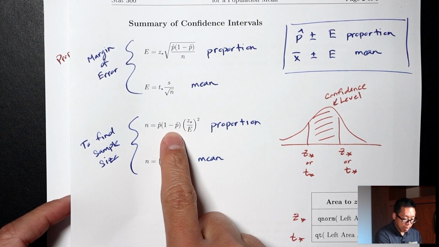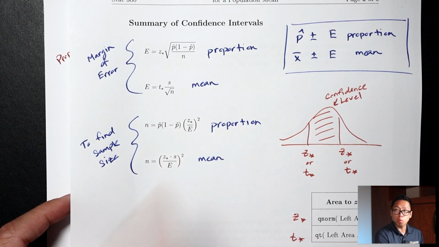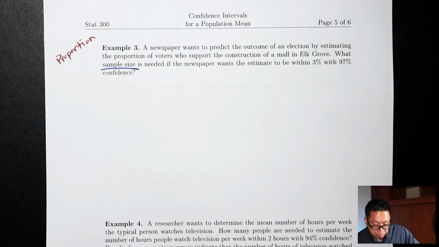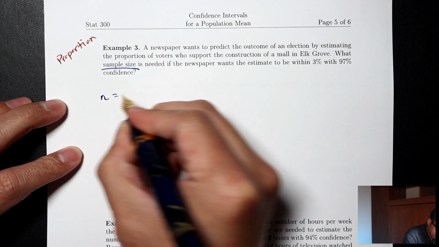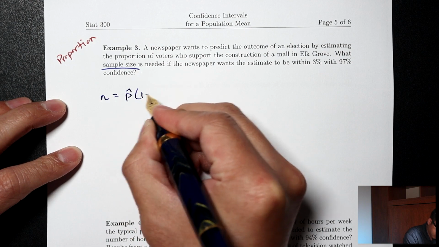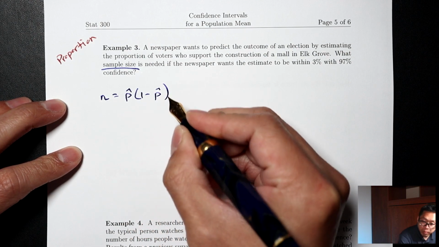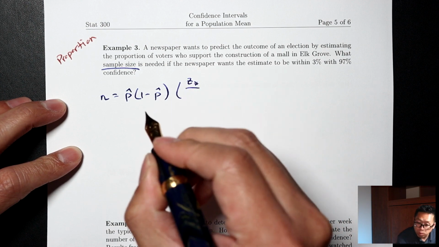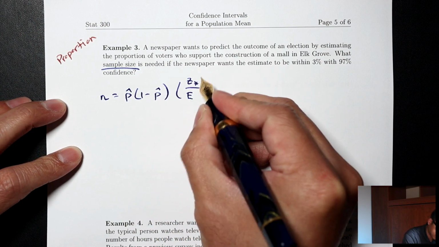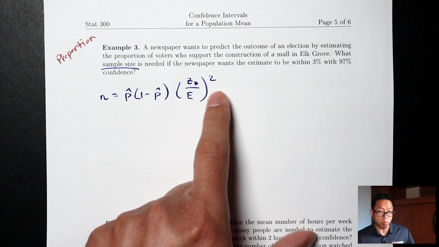P hat, 1 minus P hat, Z star over E squared. So let me recopy that. Z star over E squared. Okay, don't forget the square.